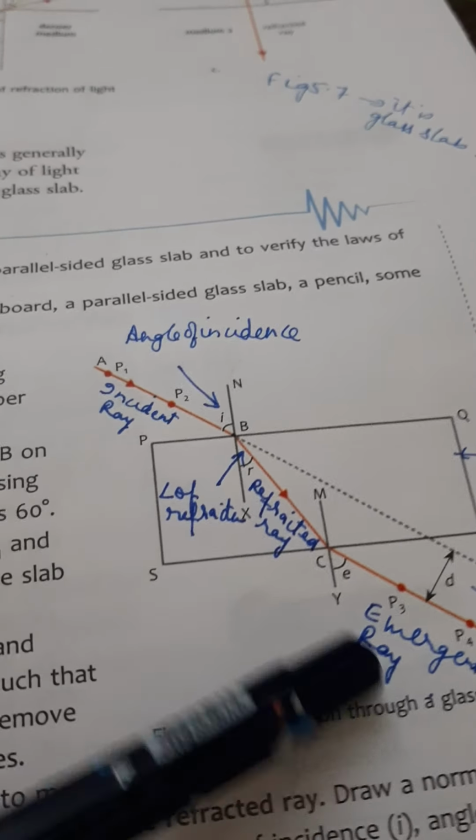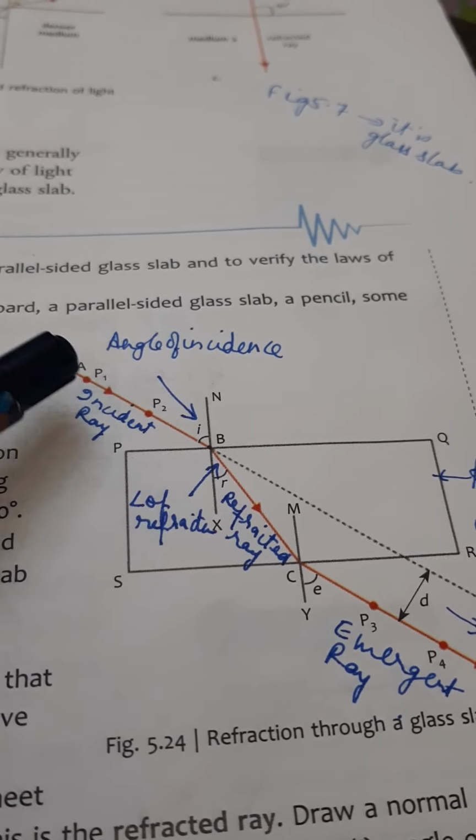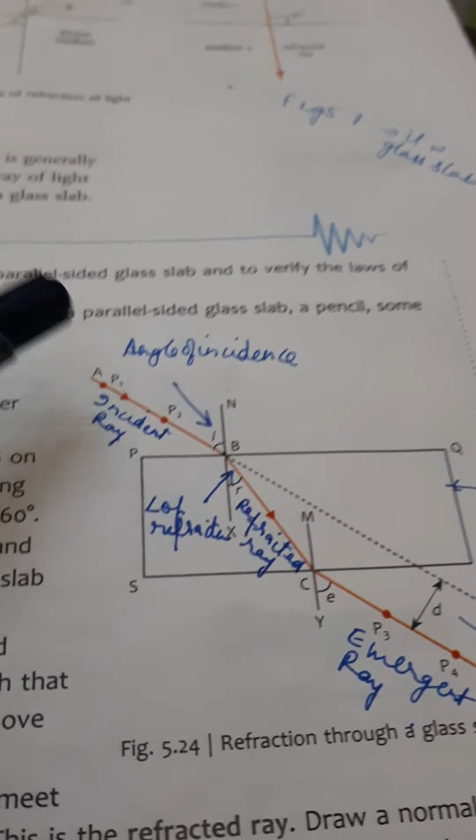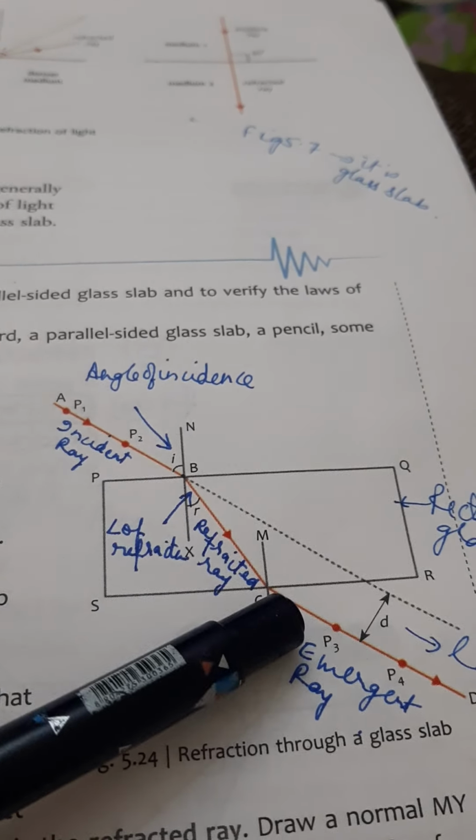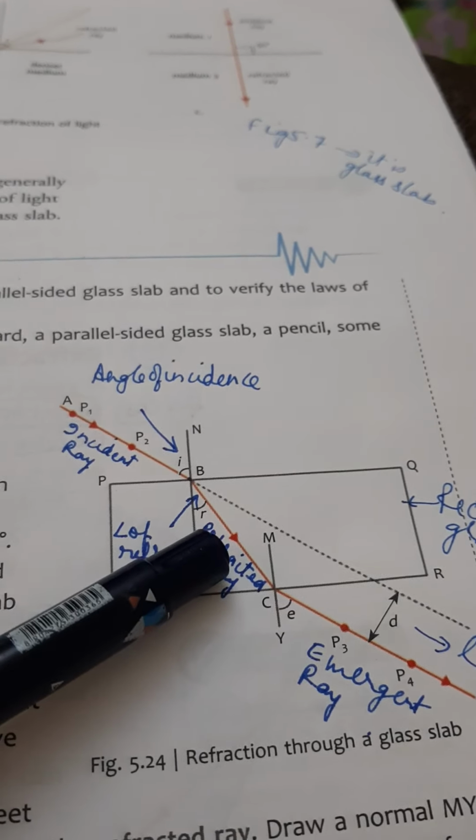You can write separately also: draw a diagram and write AB is the incident ray, BC is the refracted ray, CD is the emergent ray.